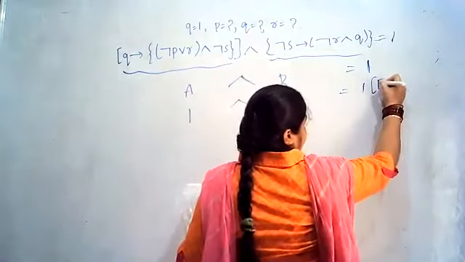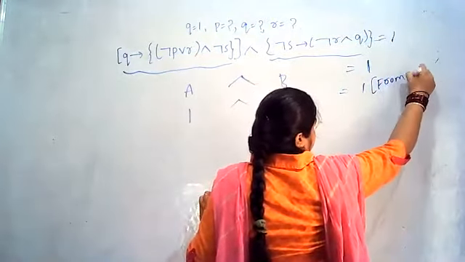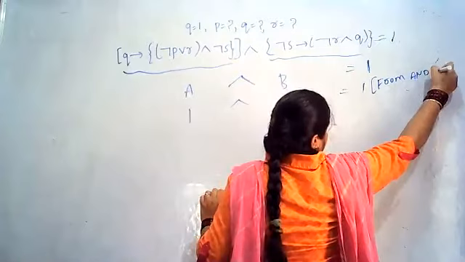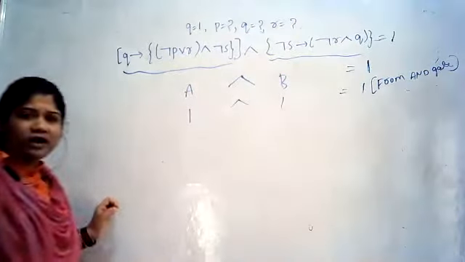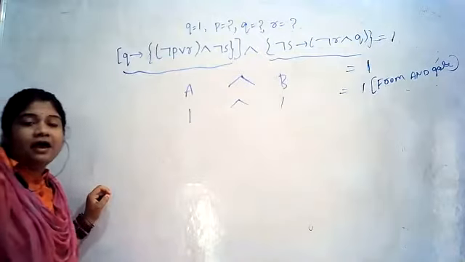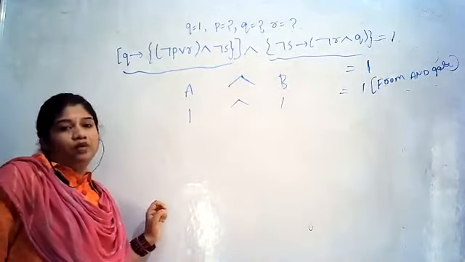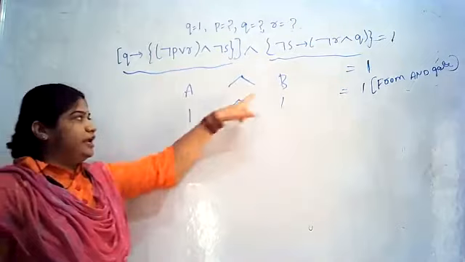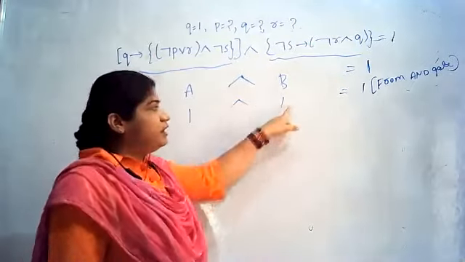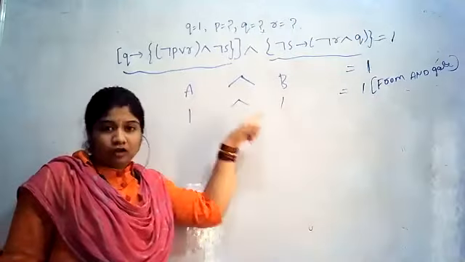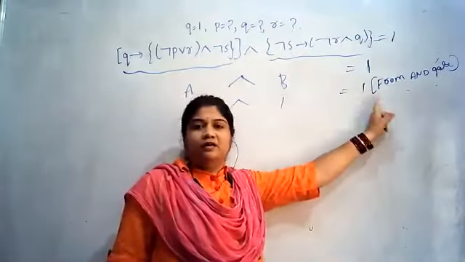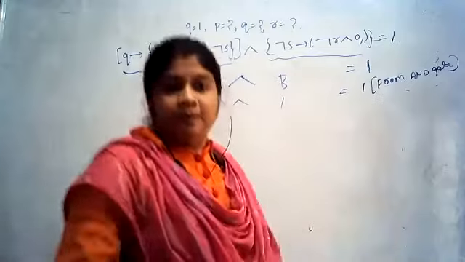AND gate logic tells that when both propositions, A and B, are 1 and 1, then only our result will be 1. If either one is 0, the result will be 0, not 1.